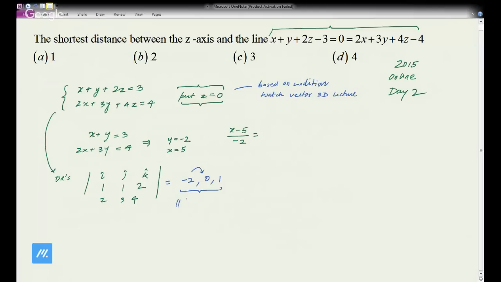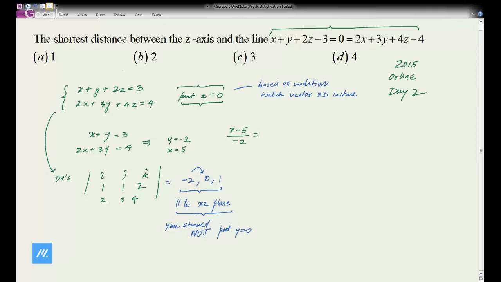This means it is parallel to the xz plane, so you should in fact put y equal to 0, because it is now parallel to the yz plane. Got it? That is the reason I'm saying put z equal to 0.